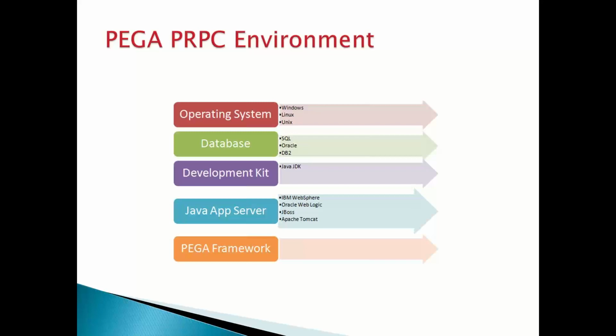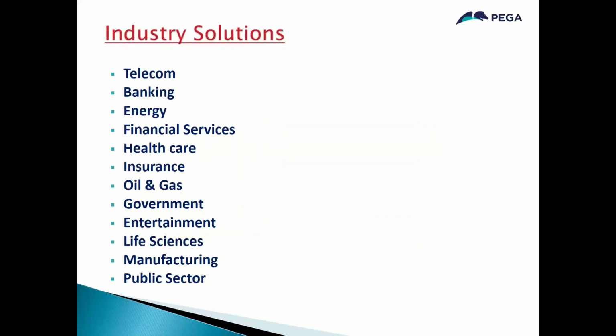Java will be hosted inside the server, and in the backend, Java will run as part of the package. So you'll get all these things as part of the Pega environment: database, server, Java, and the Pega framework. All of these come as one package. And how to install that, I'll show in the next class.